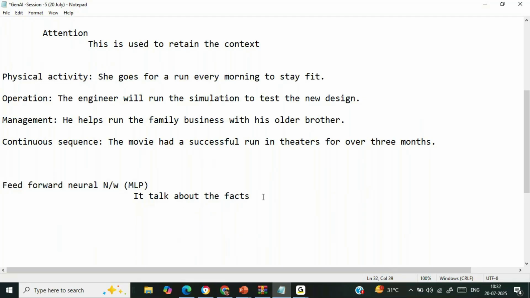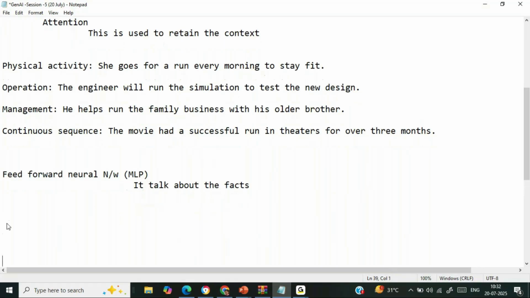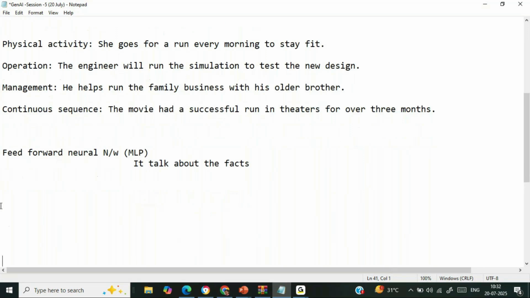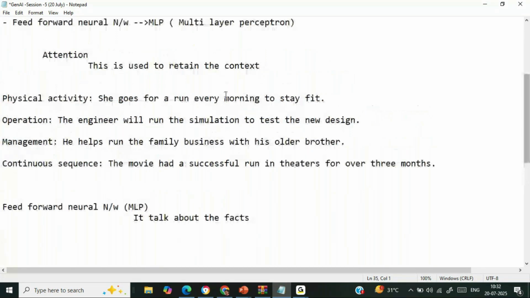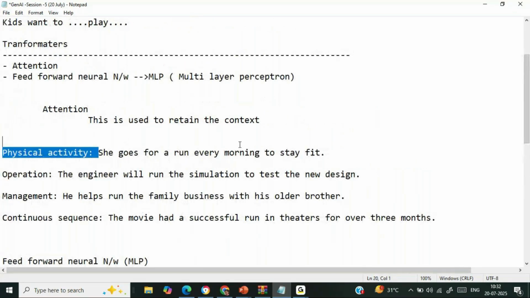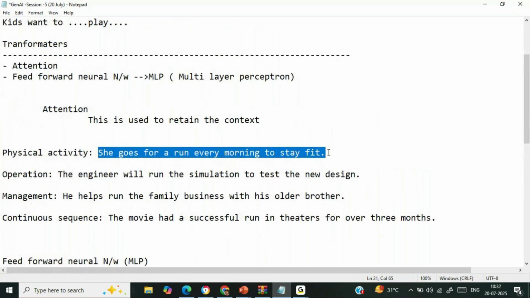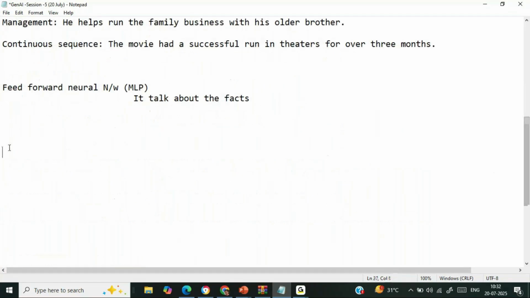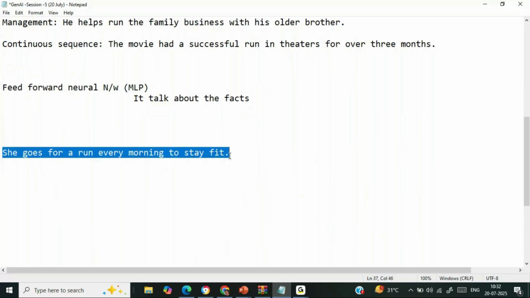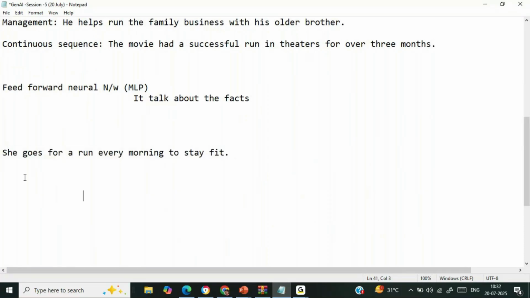Yes. Okay, so these are the two main things inside the transformer architecture. Moving further, say the sentence is "She goes for a run every morning." So what exactly happens with this sentence?